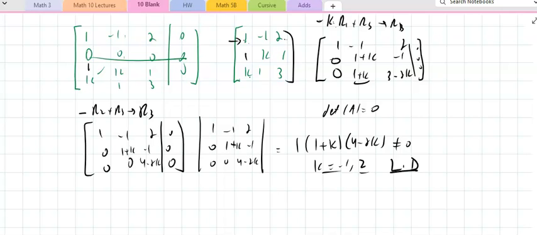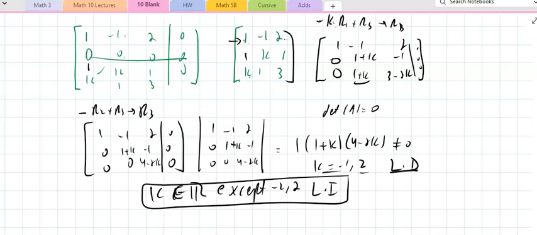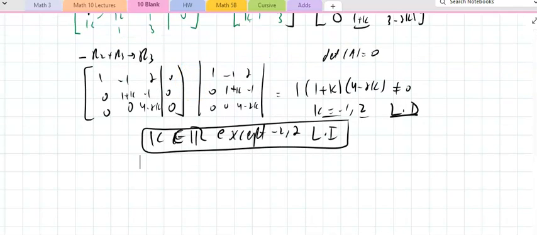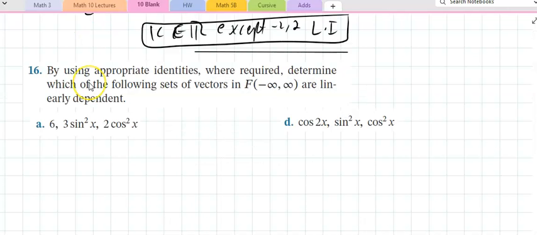So if k belongs to any real number except -1 and 2, the system will be linearly independent. So it's linearly independent for any value of k other than -1 and 2, because that will force the determinant not to be 0, and therefore there's a solution.